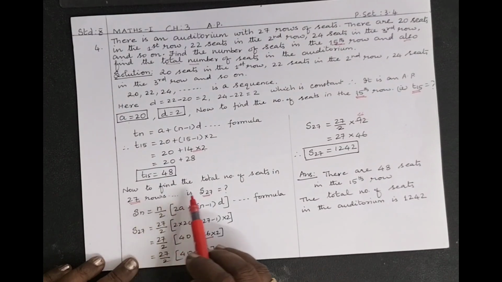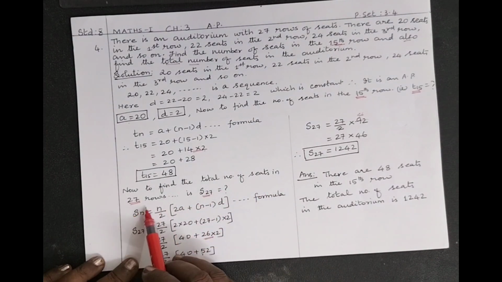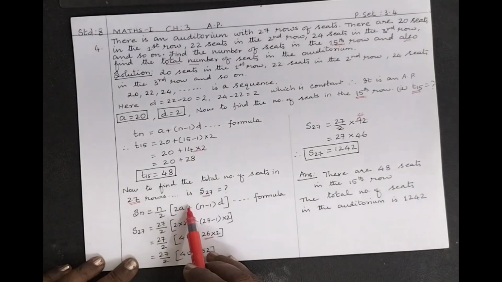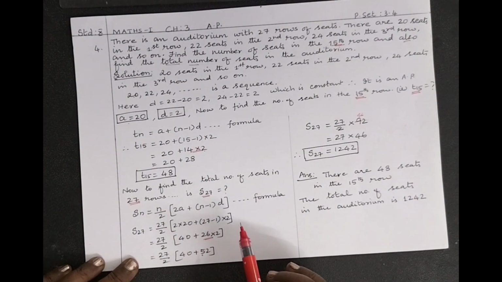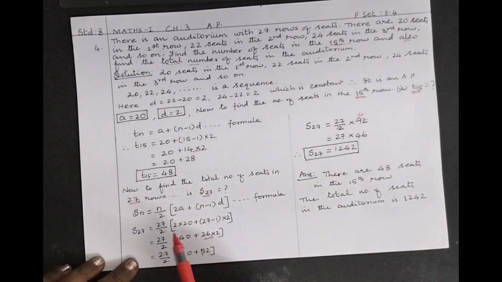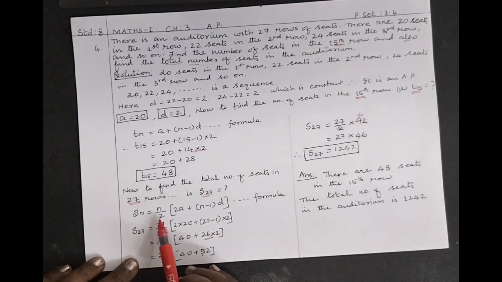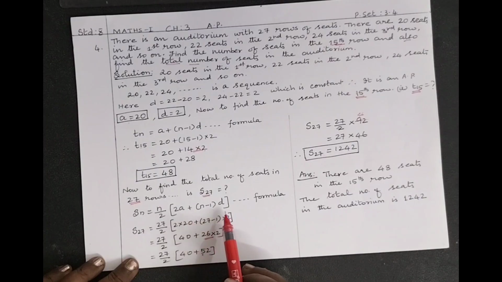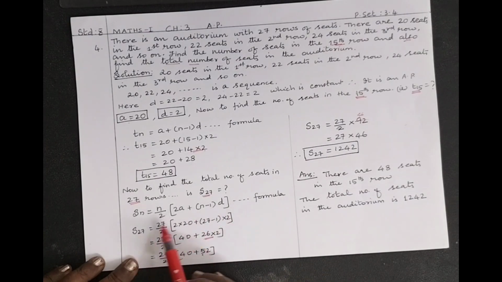Next, to find the total number of seats in 27 rows. Total number of seats, that is sum of seats in the auditorium. So that is S27. Write the Sn formula. Sn equal to n upon 2 into 2a plus n minus 1 into d. Substitute the values.